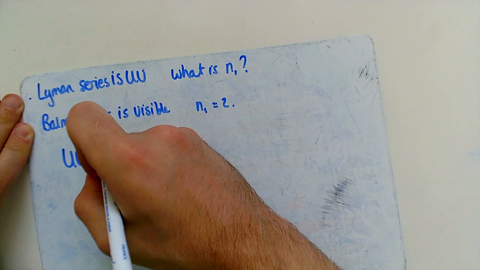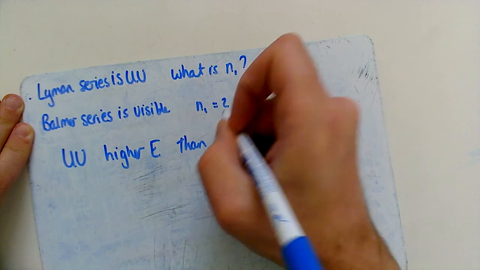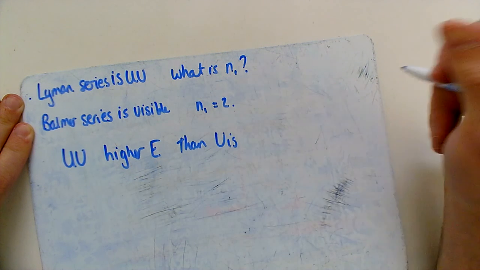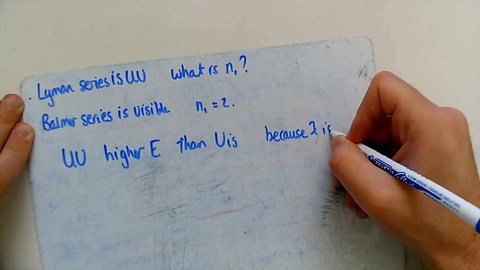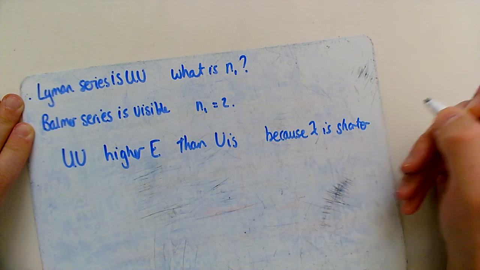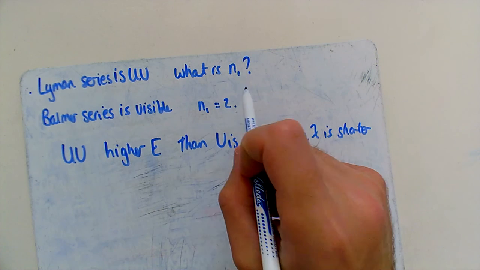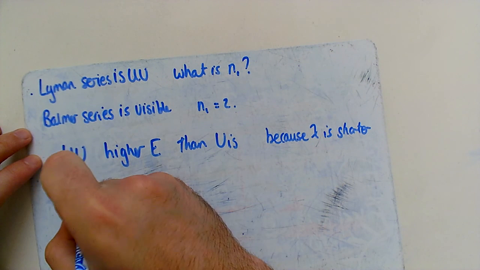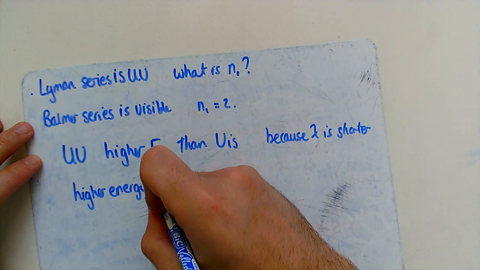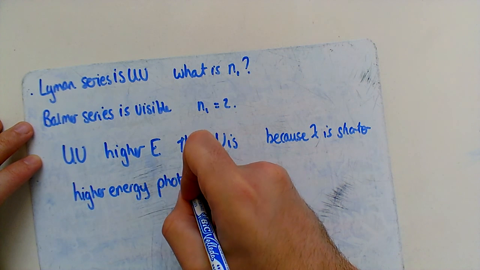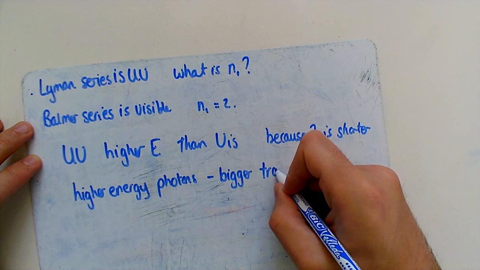UV is higher energy than visible. And we know that because the wavelength is shorter. If the wavelength is shorter, it's got higher energy. The only way you can end up with higher energy photons, you need a bigger transition.